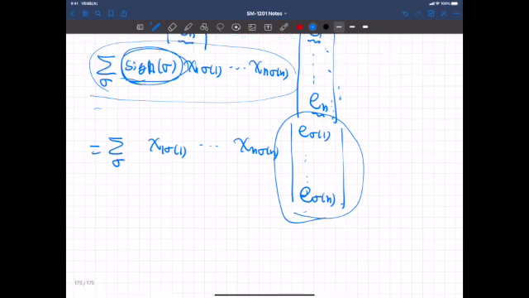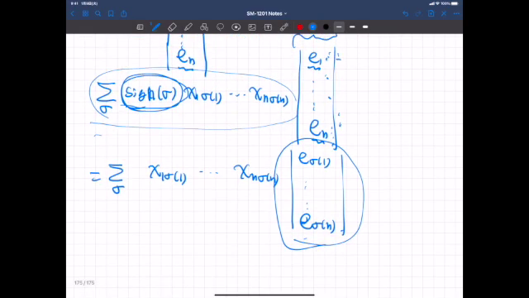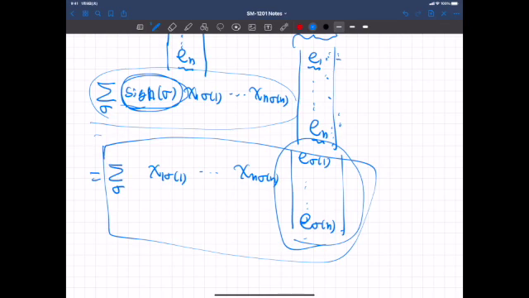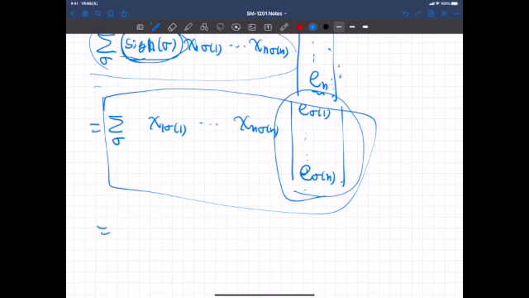Now recall the previous argument for the 3 by 3 matrix. This expression is the same as the determinant of x. To be more precise, this is something like this: the first row is x11 e1 plus x12 e2 up to x1n en.